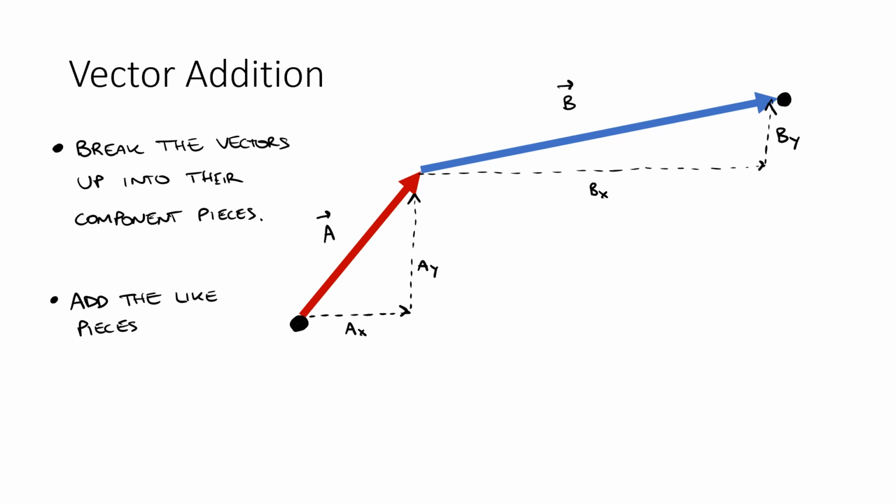That will create a resultant vector that's going to be a line from here all the way up to here. It's going to look something like this.